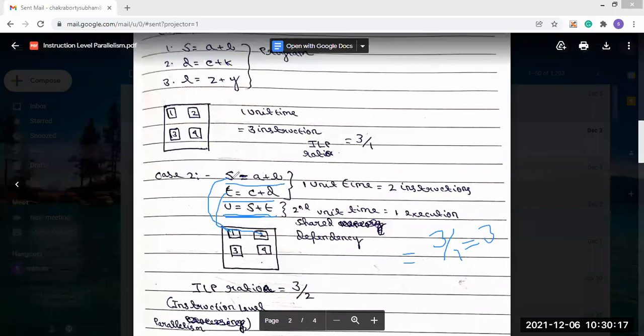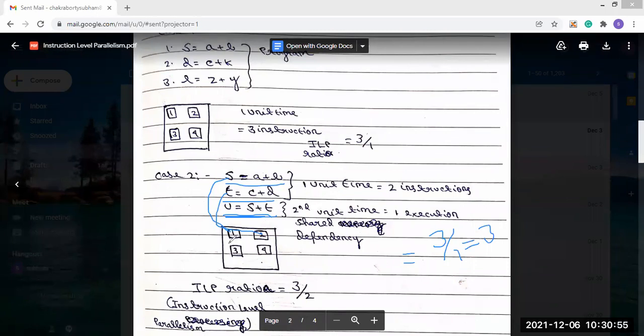When these two instructions have been executed and we get the final values, only then are we capable of performing the third instruction, u equal to s plus t.